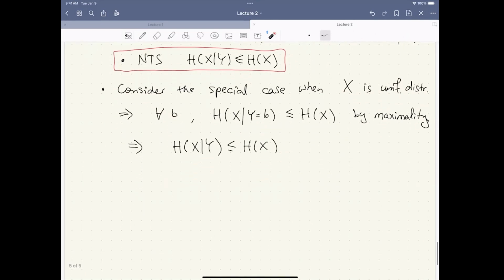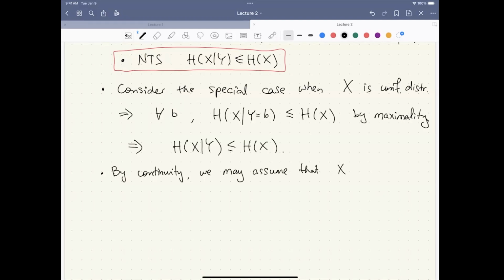Now we have to prove the general case. For the general case, first of all, by continuity, we may assume x takes rational atom probability, the usual trick.